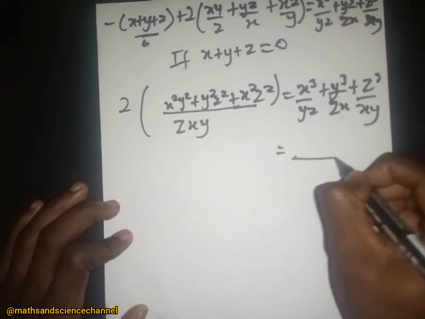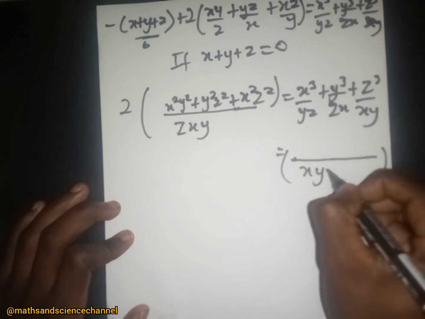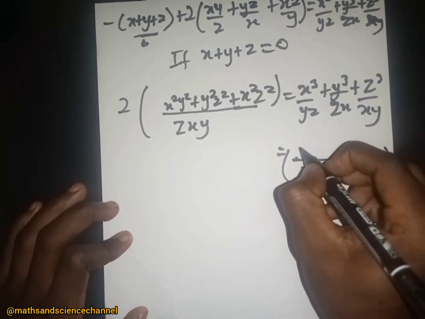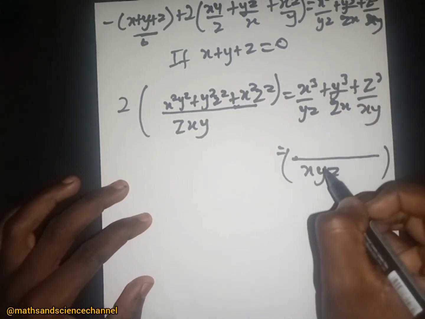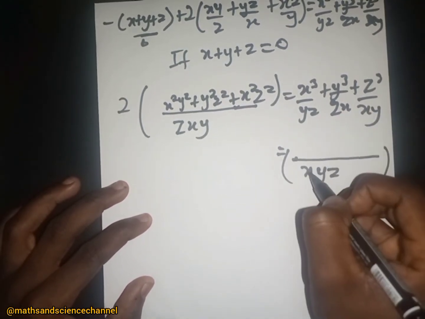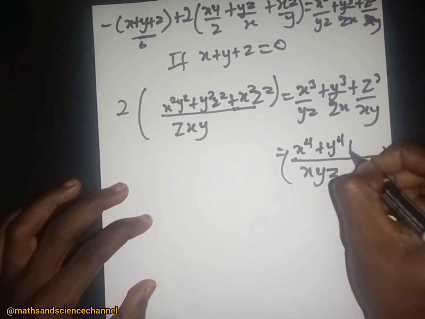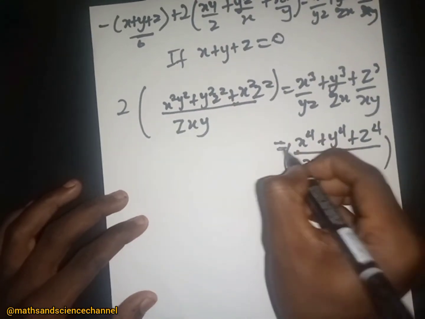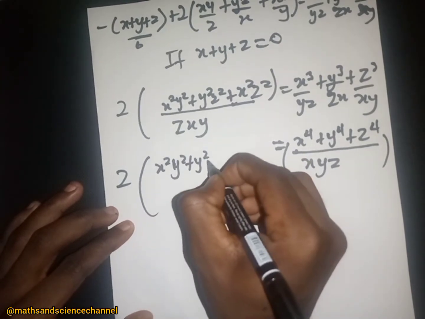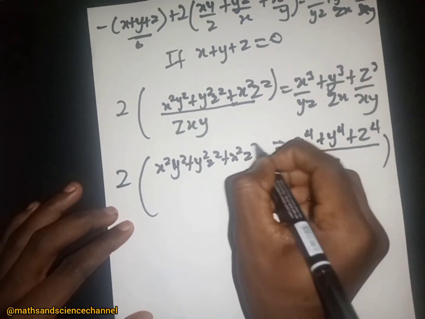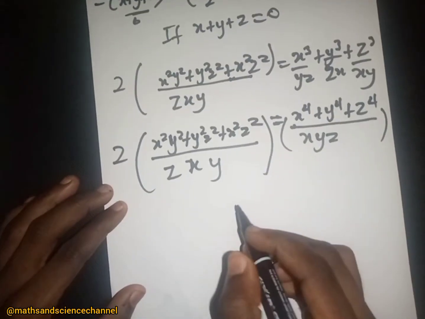We can have LCM as xyz, so we have yz here, we are just left with x. So we have x to the power 4, then y to the power 4, then also z to the power 4. Then this is just equal to the whole of that, x squared y squared plus y squared z squared plus x squared z squared, divided by z, x, and then y. So this is what we have.